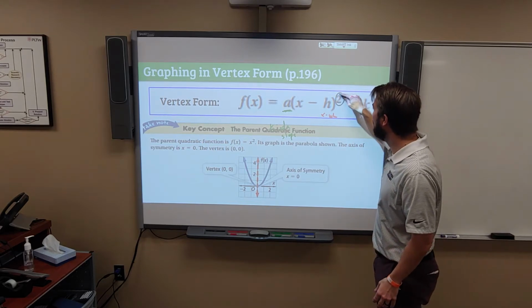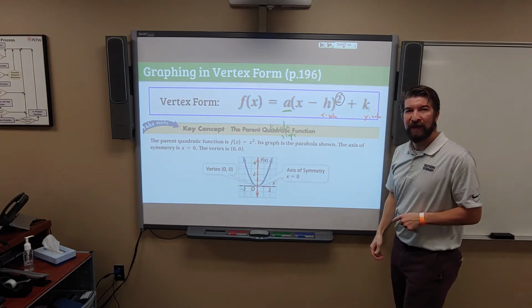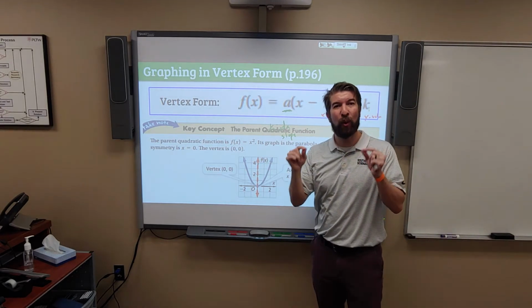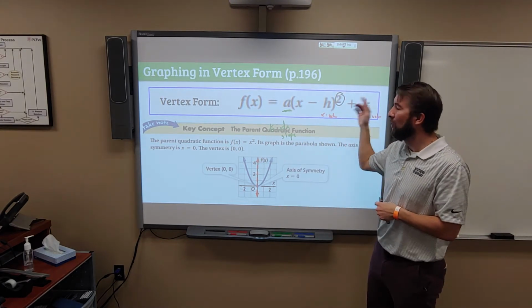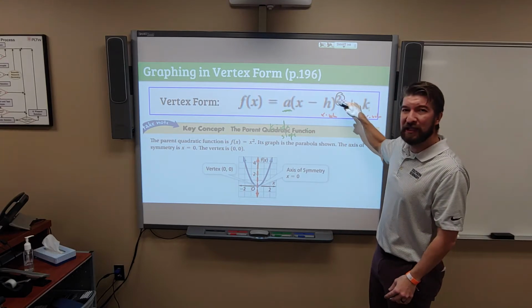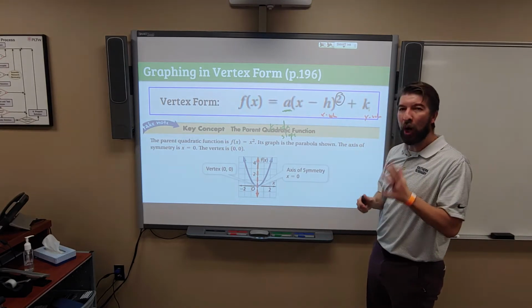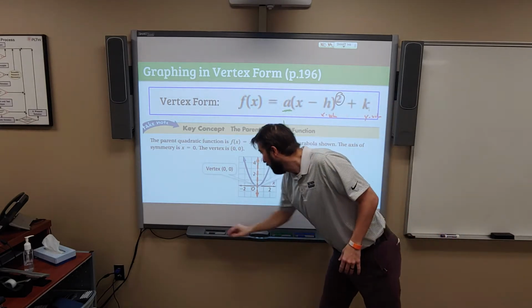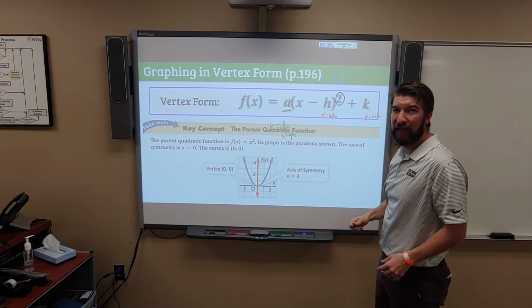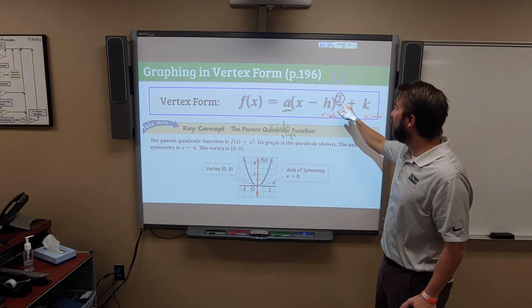We have this square, this 2 exponent. This lets us know that this is going to be a quadratic equation, and it lets us know the shape of the graph. If you see this 2 exponent, it is always going to mean that we have a U-shaped graph.